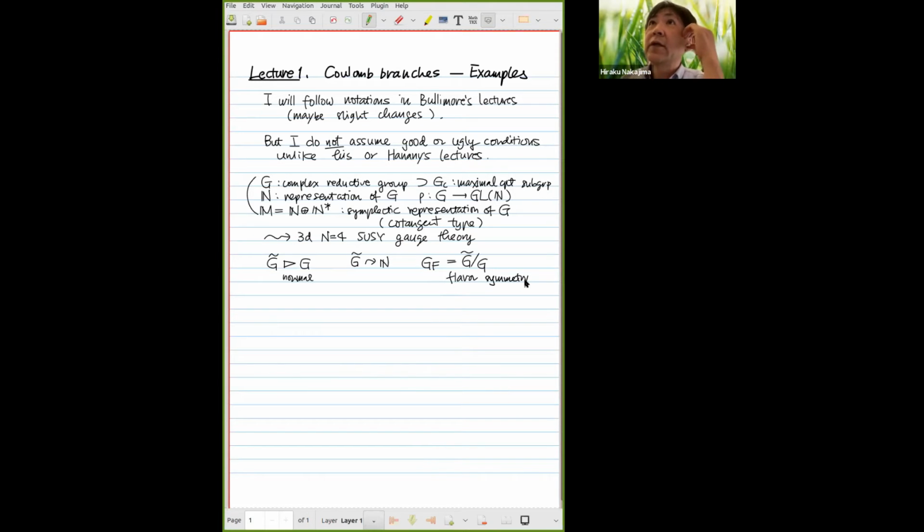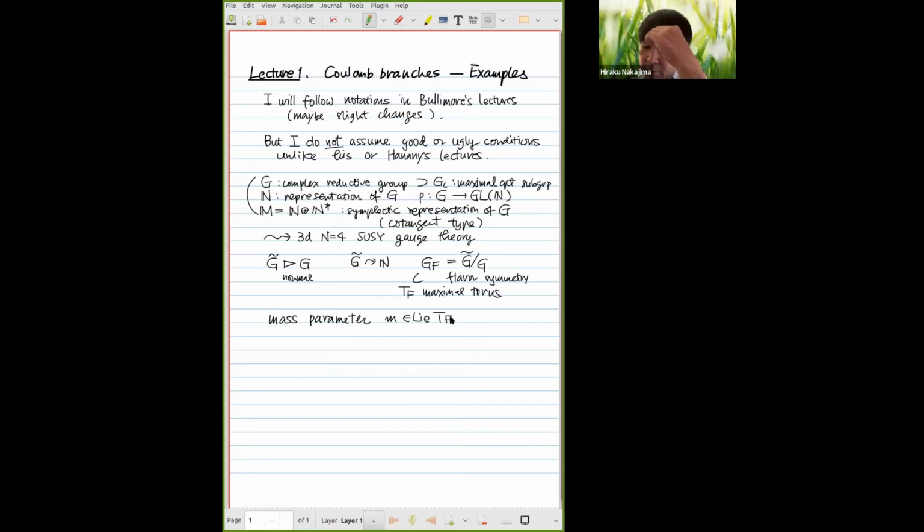Quite often I consider its maximal torus, which I denote by T_F. And what people call the mass parameter is an element m in the Lie algebra of T_F.